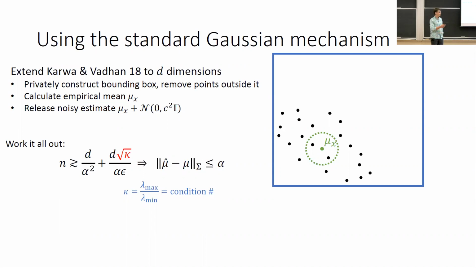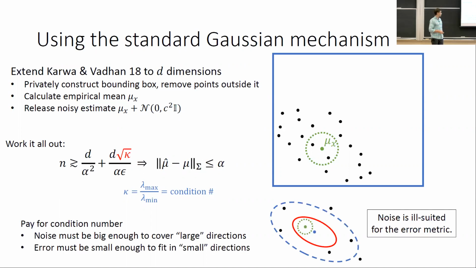To get the error small enough, the sphere needs to fit inside the smallest directions of your guarantee, the ellipse. So the spherical noise we're adding is basically ill-suited when the covariance is not spherical.